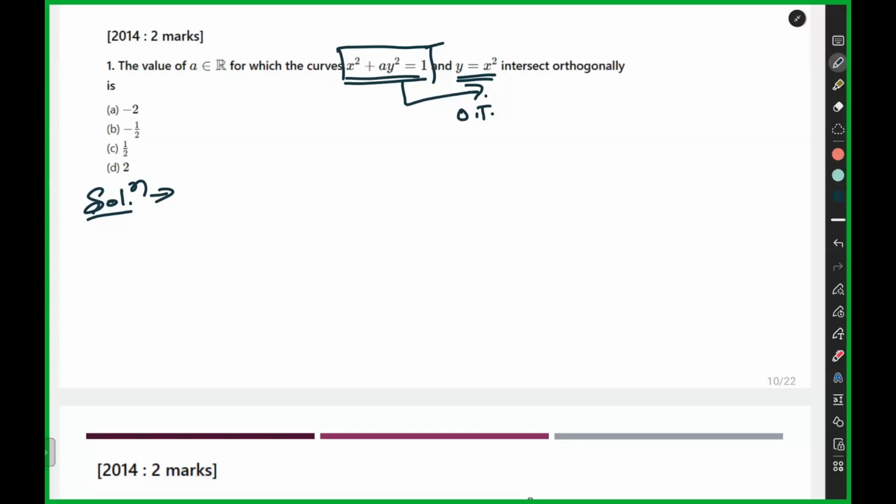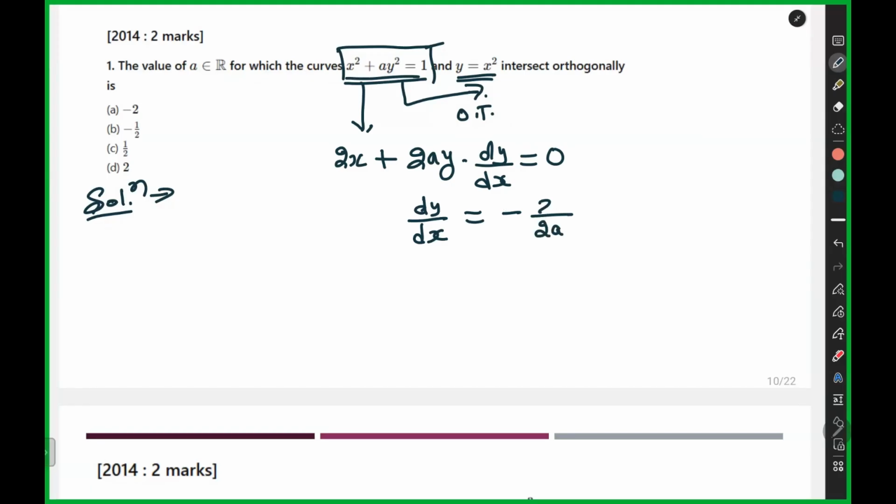Okay. So if I take this curve and find dy by dx, I am simply differentiating it with respect to x. It is 2ay dy by dx equals to 0. So here, what is dy by dx? It is minus of 2x upon 2a y, that is minus of x upon ay, right?